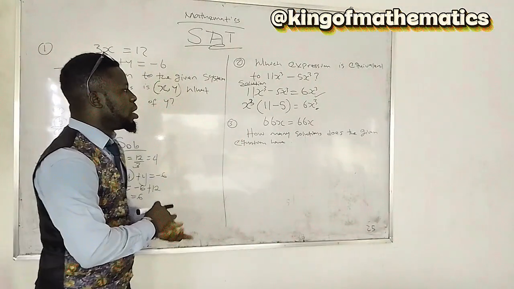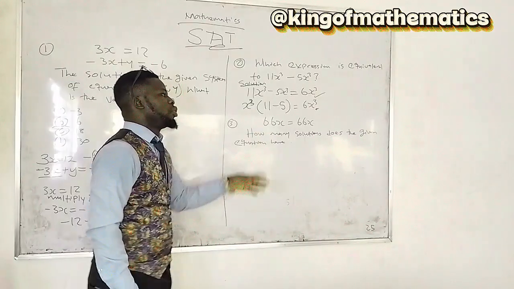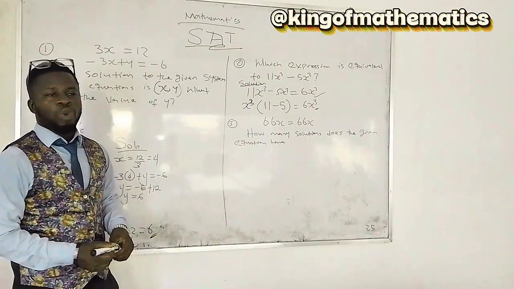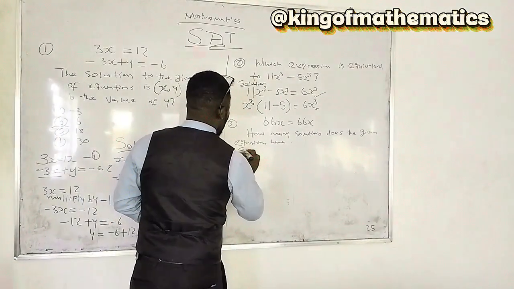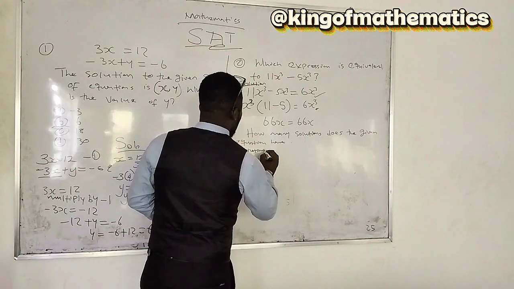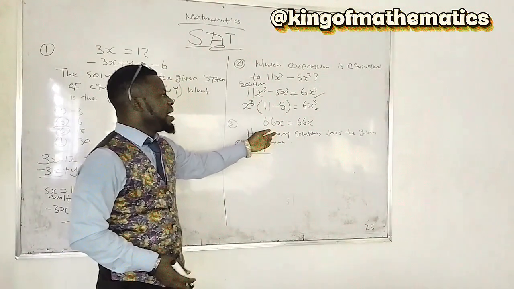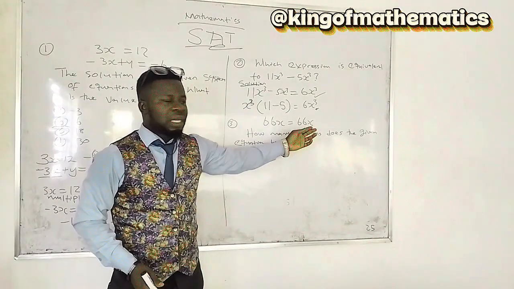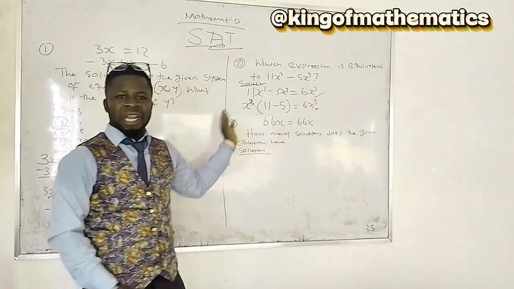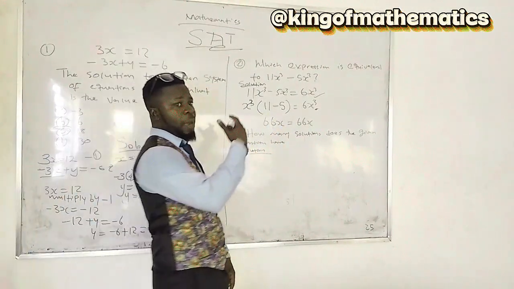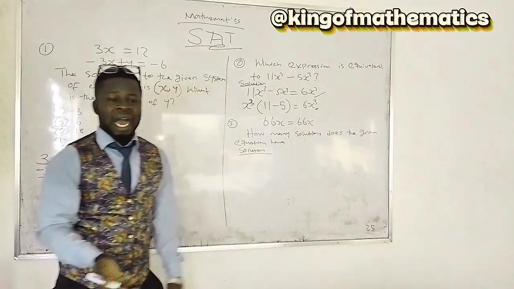Now to the third one, it's asking how many solutions does the given equation have? One thing you need to know is that this is giving us an equality. What we have on the left hand side is equal to what we have on the right hand side.